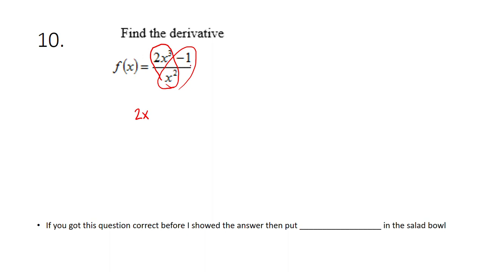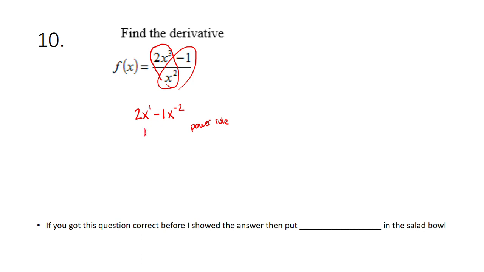Then negative 1, and then we have this in the bottom, becomes negative 1x to the negative 2 power. Okay, now we're going to do the power rule, which means we multiply by our power.